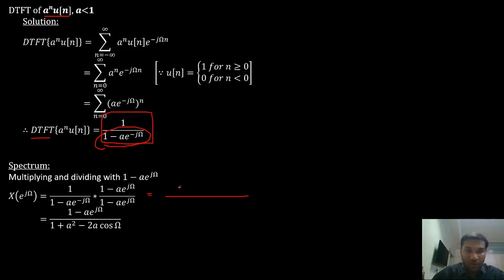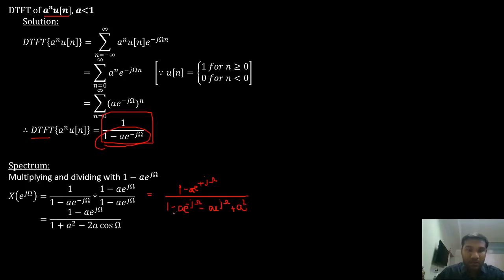The numerator is 1 minus a e power plus j omega, right? And the denominator is 1 minus a e power minus j omega, and then minus a e power j omega plus a square.